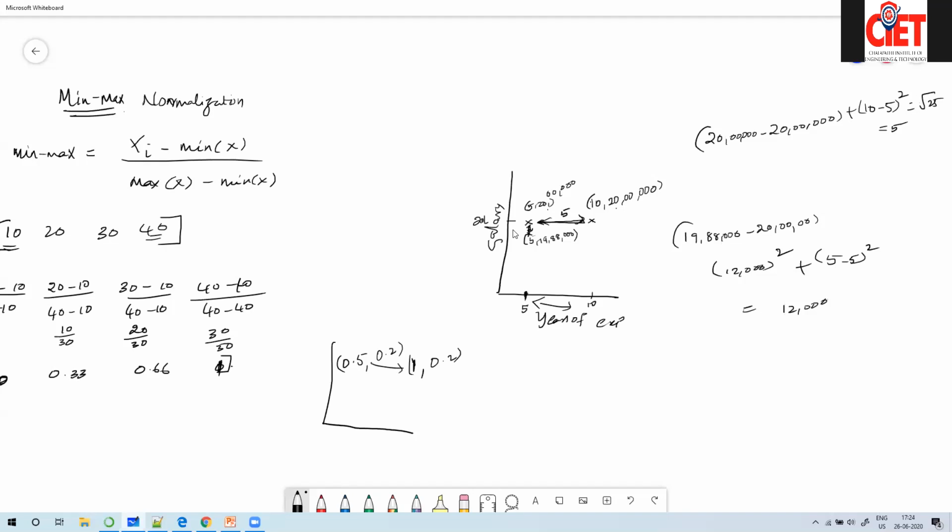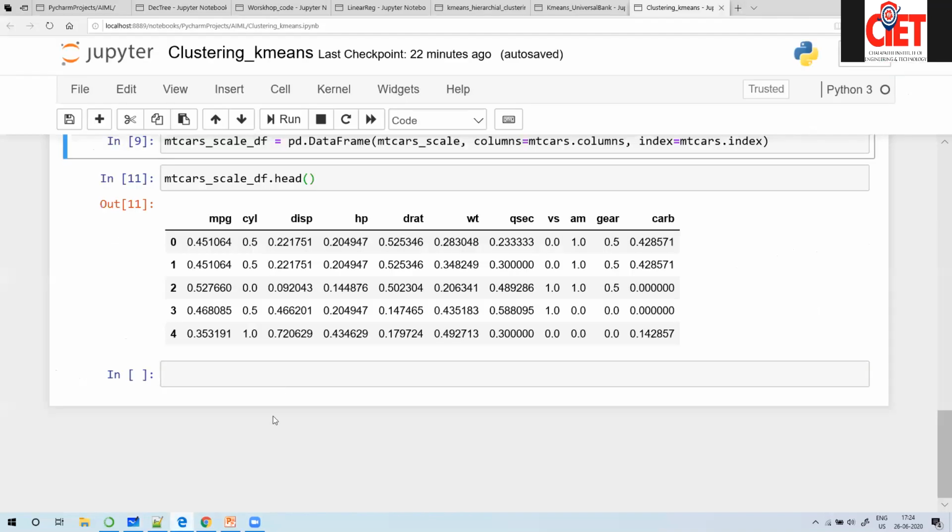Now you can see the difference between these two, and for these two with 5 years of experience, X is going to be 0.5 and salary is also pretty close, so it's going to be 0.2. Now these two observations look very close to each other compared to these two observations. So that's the importance of scaling. Okay, I hope that answers your question on scaling.